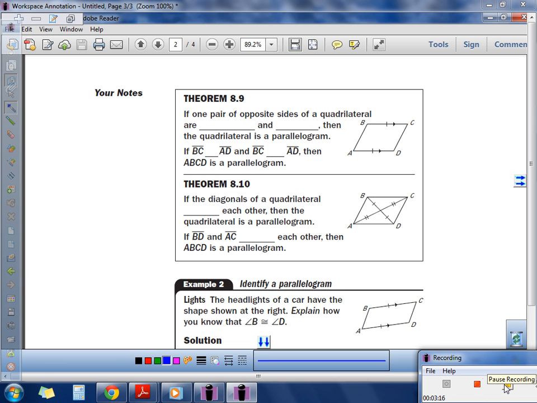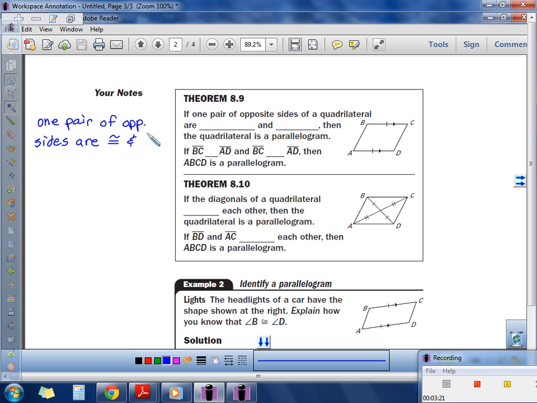So here's the property from that picture: one pair of opposite sides are congruent and parallel.